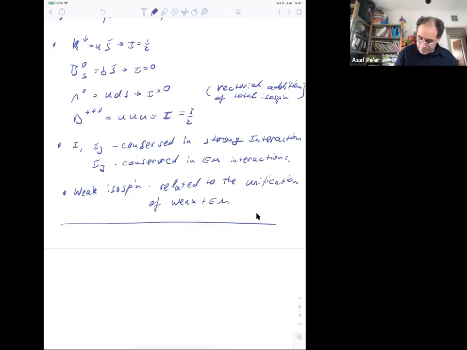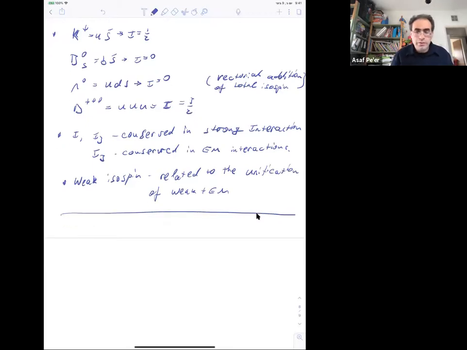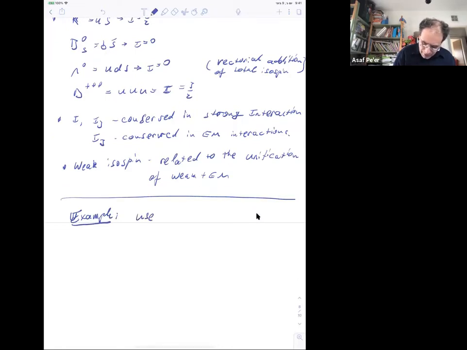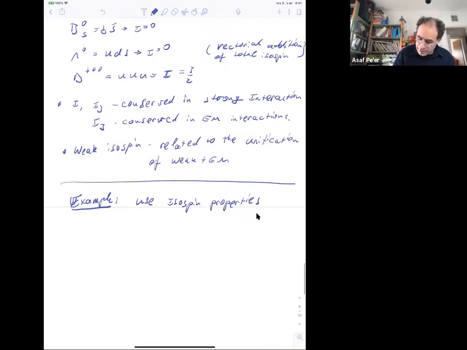So let's give an example. The question: use isospin properties to evaluate the scattering rates of the proton plus antiproton going into 2 pions.